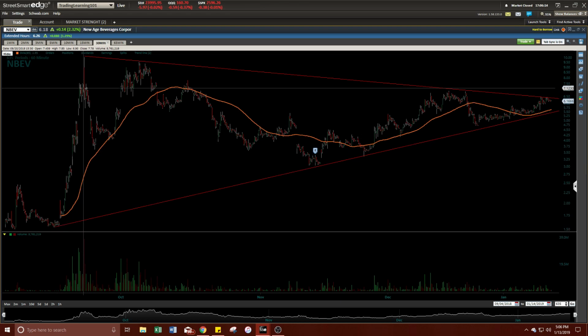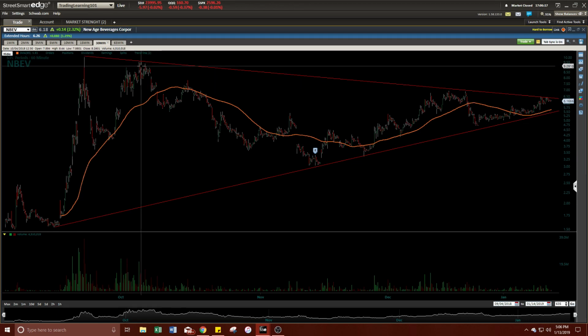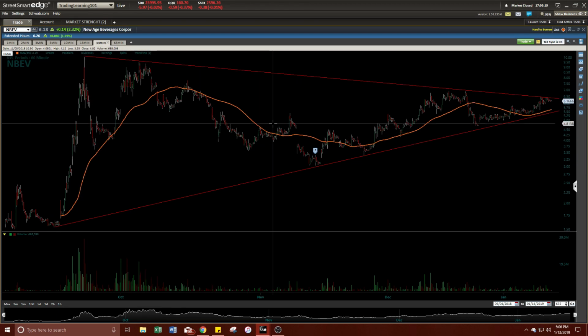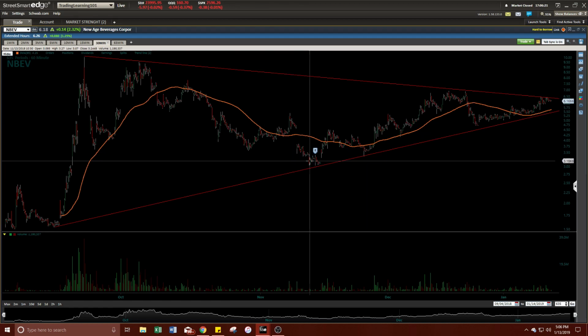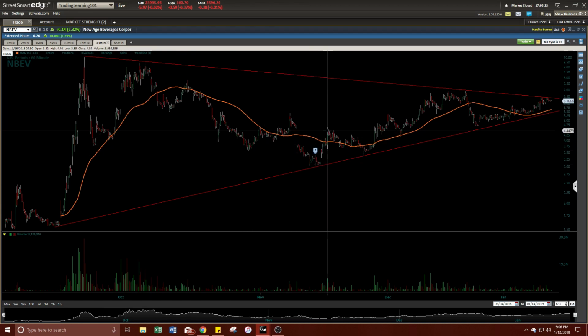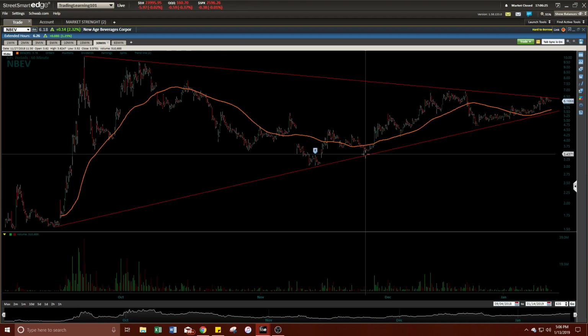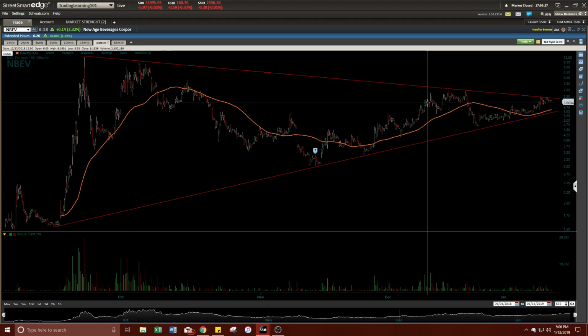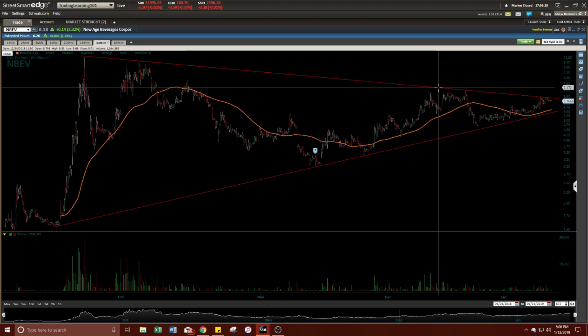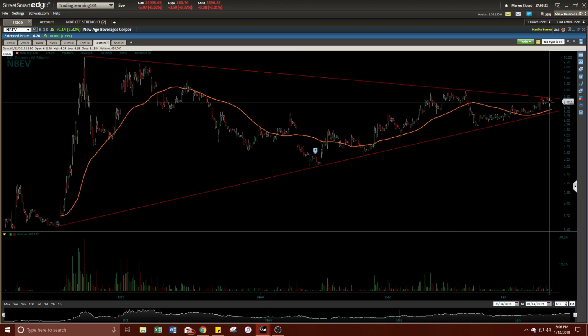You can see it had this great move up, and it's just been bouncing inside of this huge wedge. It trended down, bounced off of it, had a little bounce, bounced off it again, and then just started trending back up to this top resistance line, and it's just getting tighter and tighter.